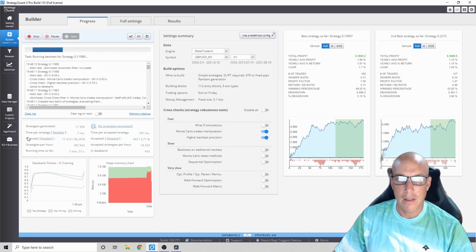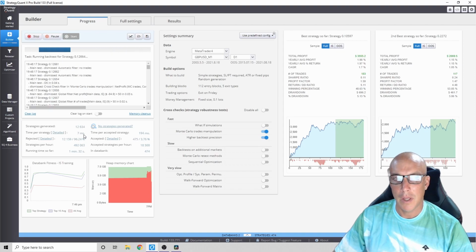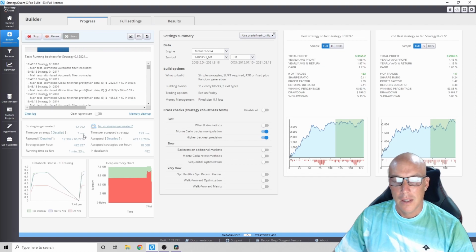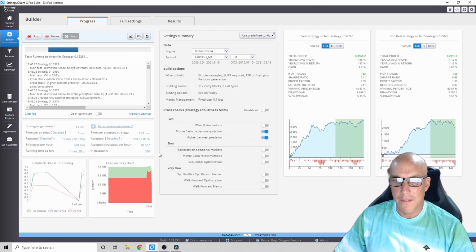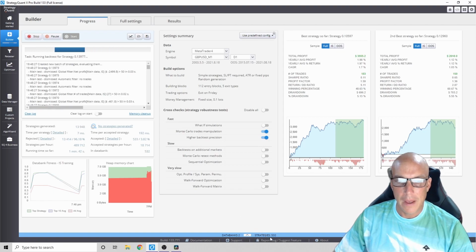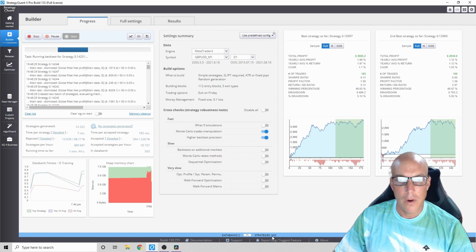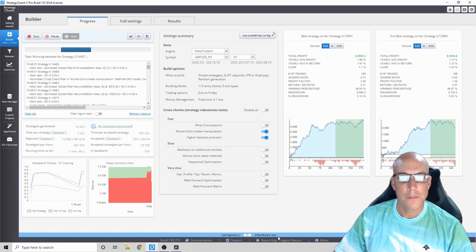Okay, it's saying time per strategy 7 milliseconds. It's coming up with a strategy, and so this is going to fill up until it reaches 1,000 strategies, and so far we're at 500.